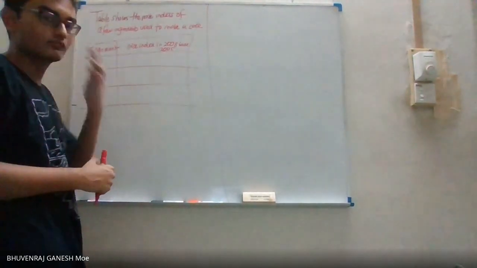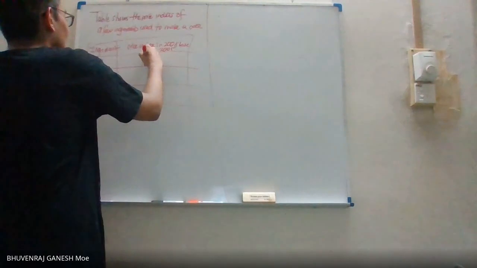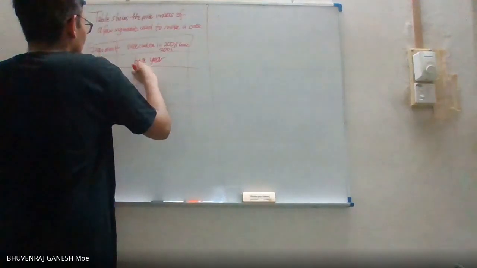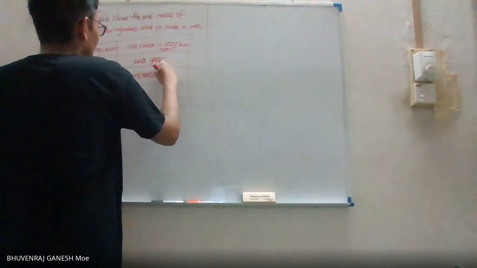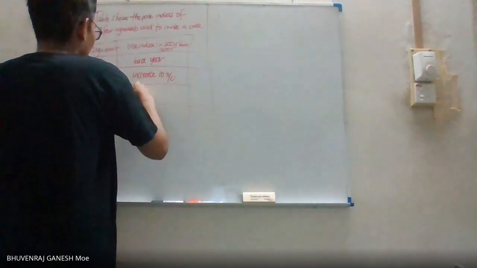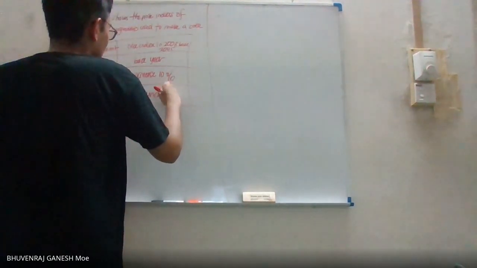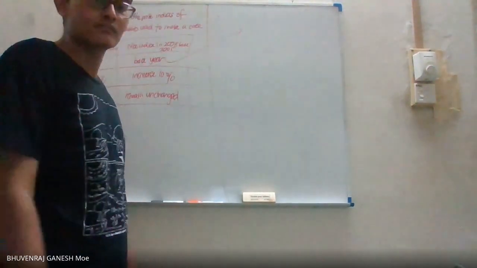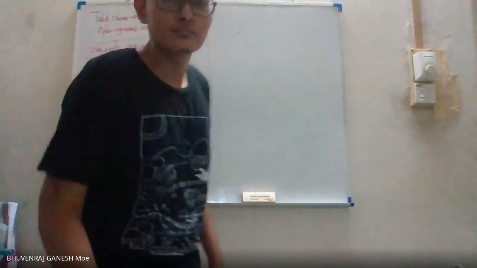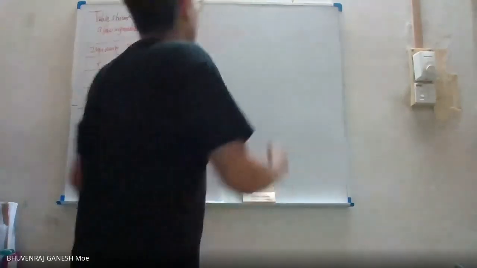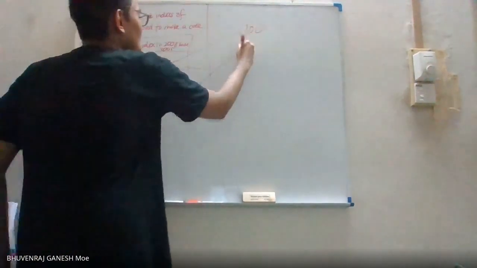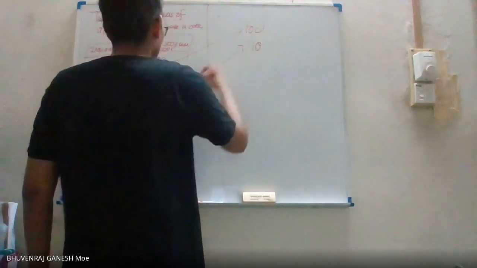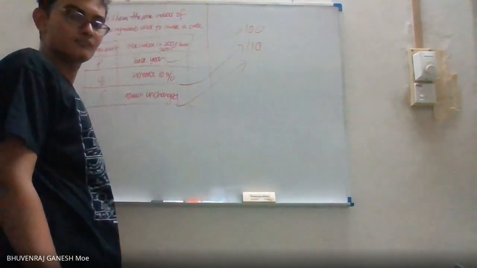So my own question. Let's say this is the base year. Increase 10%. Remain unchanged. So what is the index you write for P? 100. Yeah, okay, good. For Q? 110, okay. For R? 100. Yeah, 100.